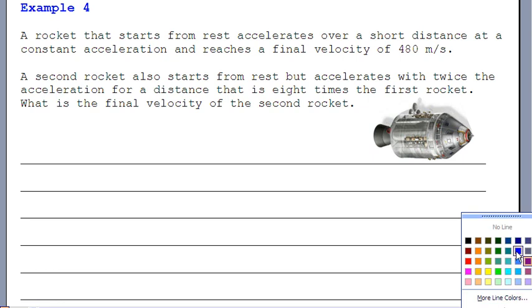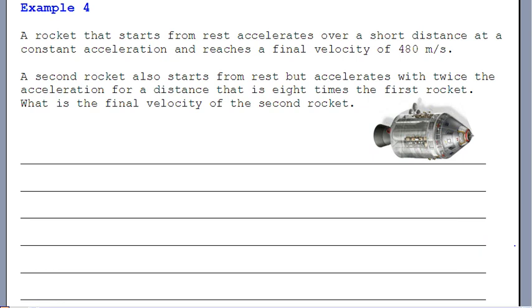For this story, it sounds like we should go with VF squared minus VI squared is equal to 2AD. Nobody is talking about time, and they're also mentioning that the rockets start from rest, so throw that away. Let's make life simple.